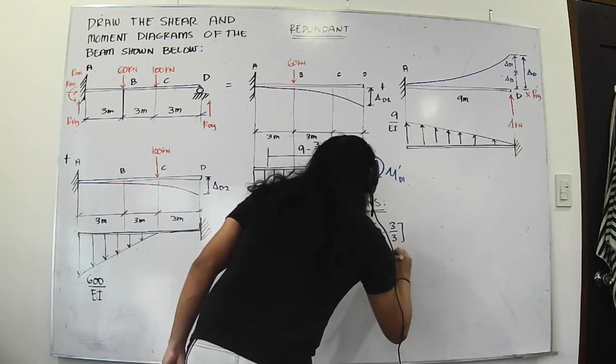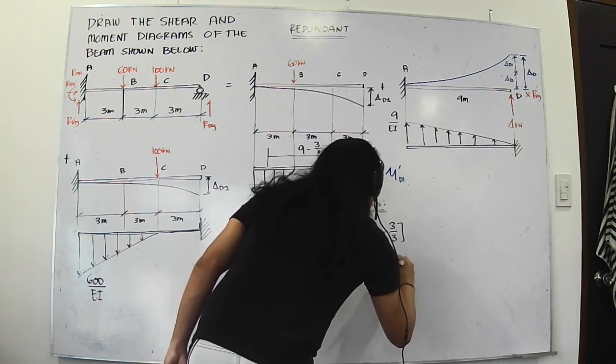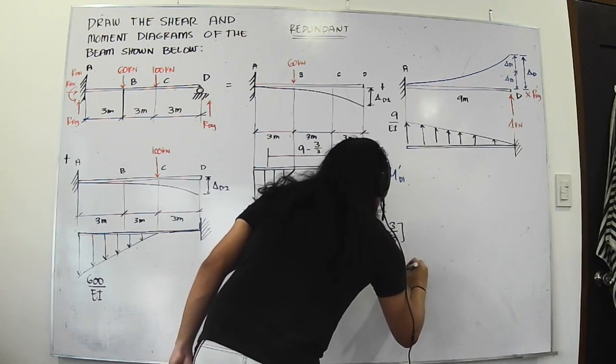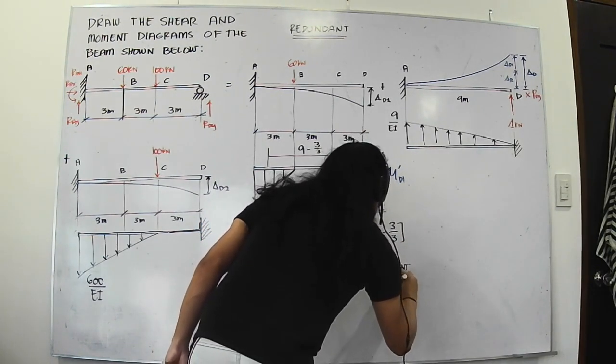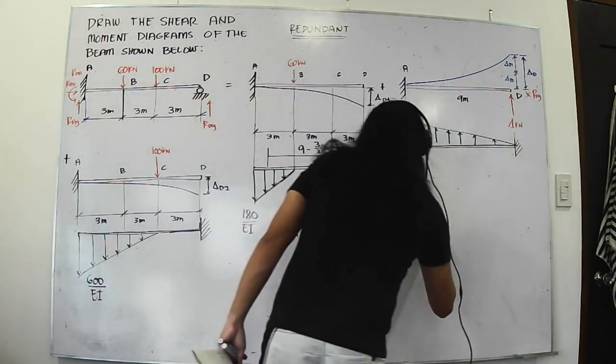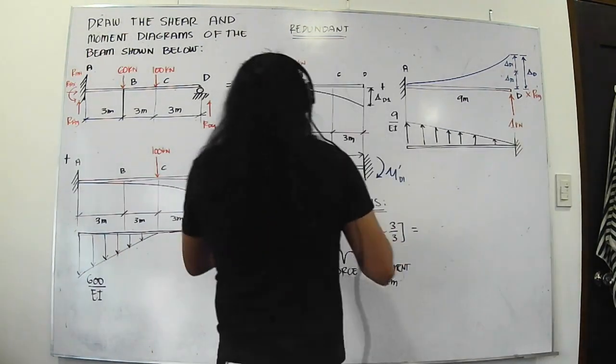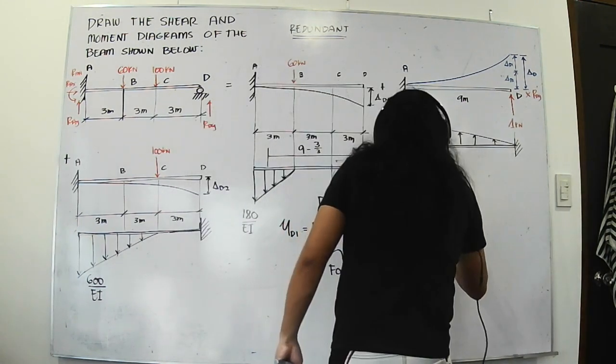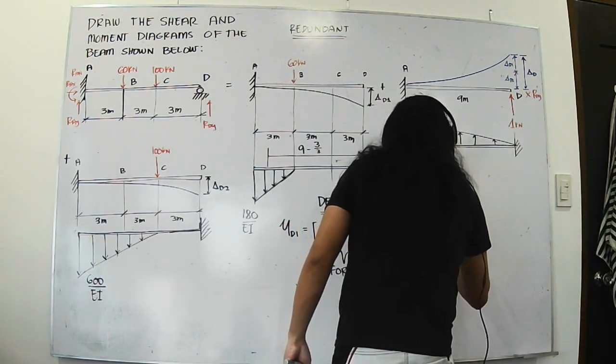Force times moment arm. Okay, para dili mo mawala. If ako na siyang ikuan din diri, I will come up with this: 2160 over EI. Okay?